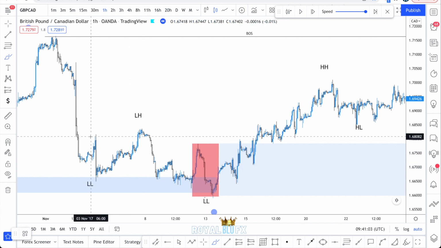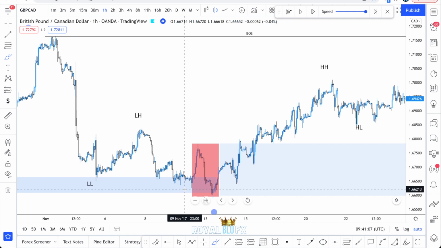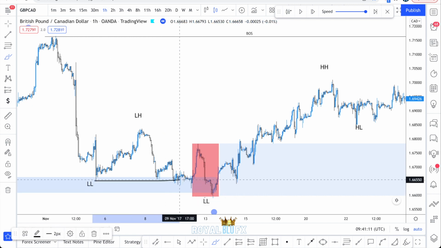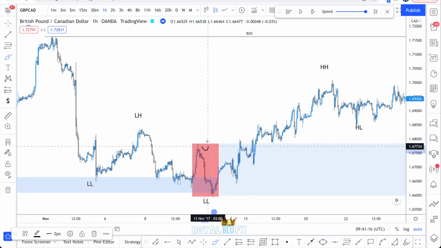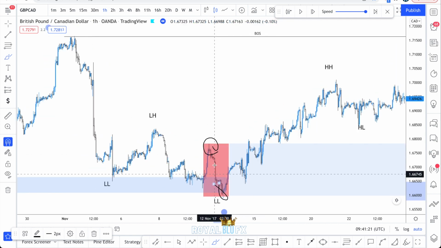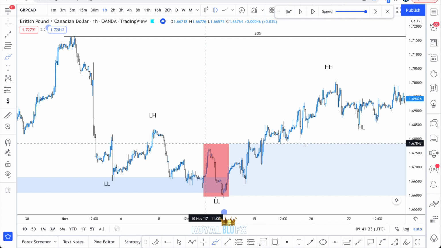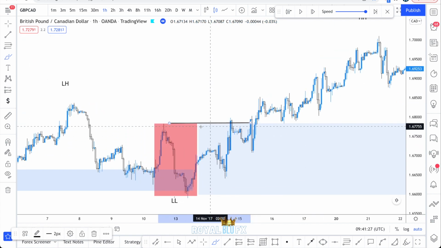Notice what's happening here. We had a high and a low, okay, another high and a low right here, and right there, okay? Price broke that structure. This would be seen as a low. This would be seen as a high right here, and there's another low right there, okay? So we would want price to change direction. And notice when price breaks structure, all right, look at that. Very easy to understand.